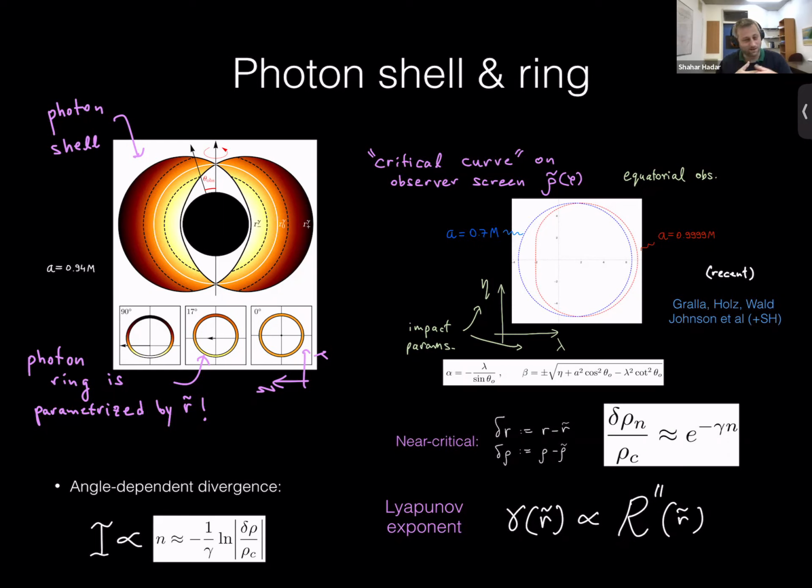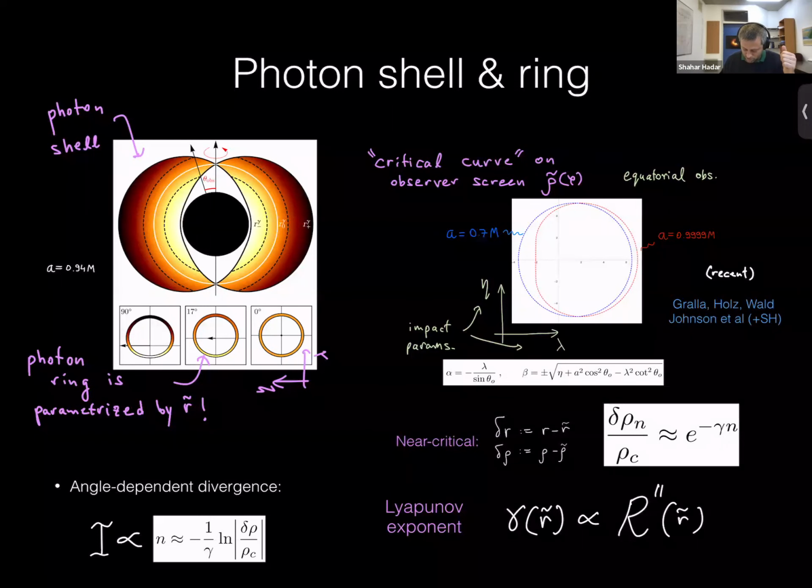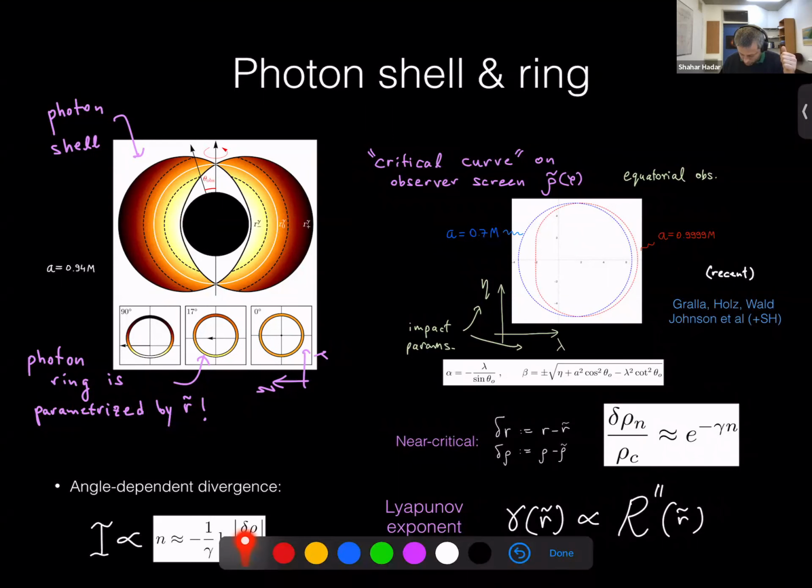But the ones that are close to them, that have impact parameters close to them, you can parameterize by how close they are to the critical curve. The ones that are close enough to the critical curve already contribute. So you choose a threshold and you say, if it's within this threshold, then it's on the ring. That's the thing.